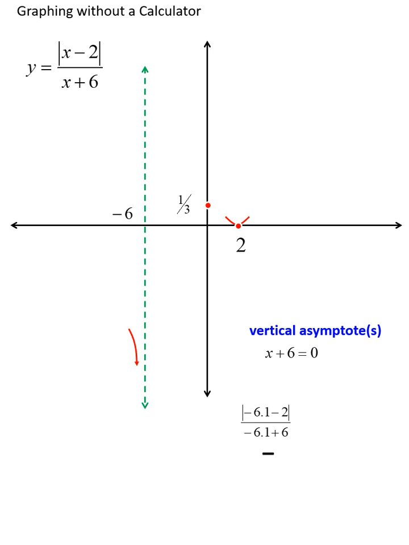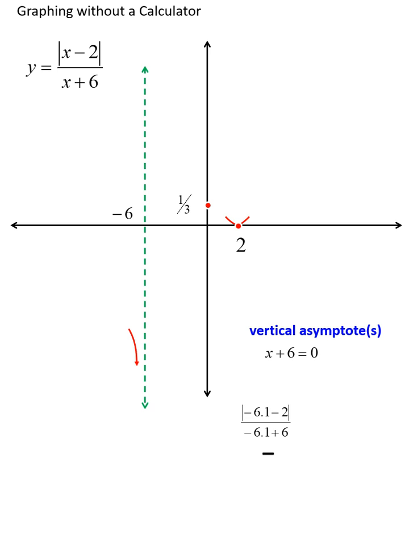I can conclude that my graph will be going downward towards the asymptote there in the negative direction. I know that because when x is -6.1, y is a negative number, and therefore the graph must be going down that way. Graphs always approach their vertical asymptotes, so it either has to approach in an upward or a downward fashion. And in this case, because of the negative quantity there, it's going to be approaching in a downward fashion.